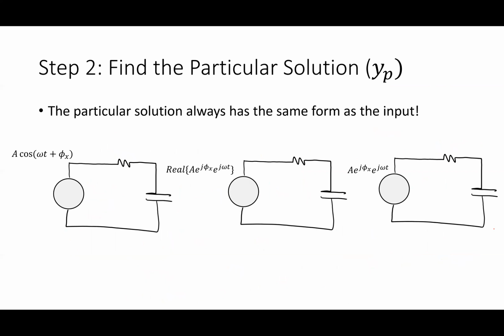Our next step is to find the particular solution. In this case, the input to the system was 4 cosine of 10t plus 45 degrees. There was a u of t multiplying it, which means this is true for t greater than or equal to 0.